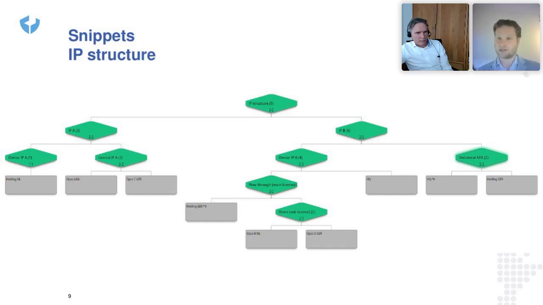We see that there's a unilateral APA concluded between HQ and holding Germany, so you can have insight on that as well. If we go to the owner of IP B in the middle part of the screen, we see that the owner is HQ. We have a flow-through entity, main license, which is licensed by holding Germany.